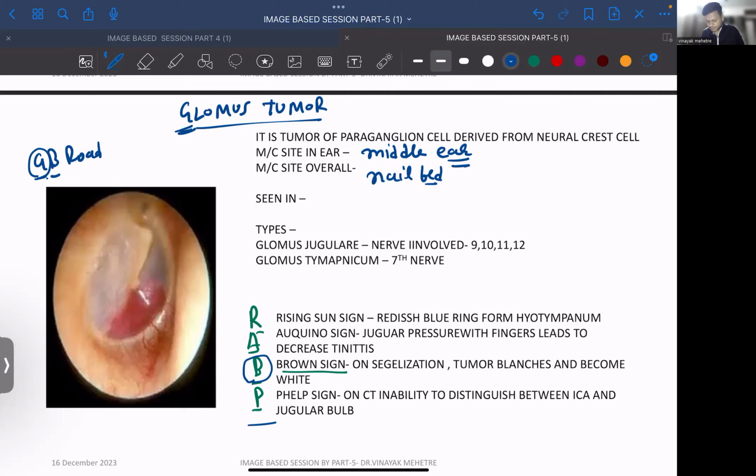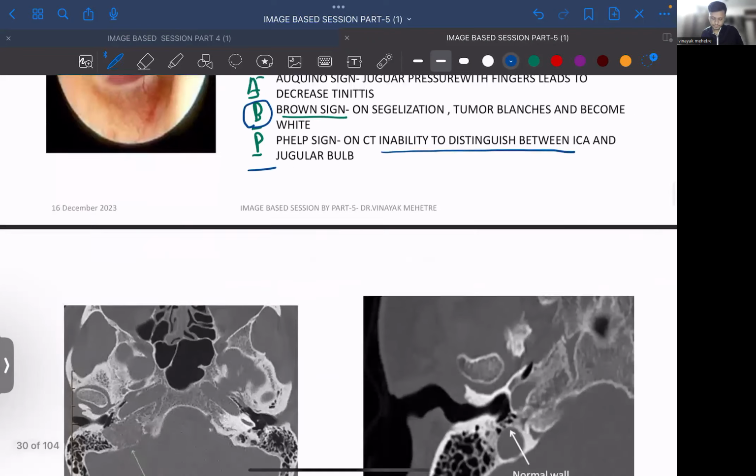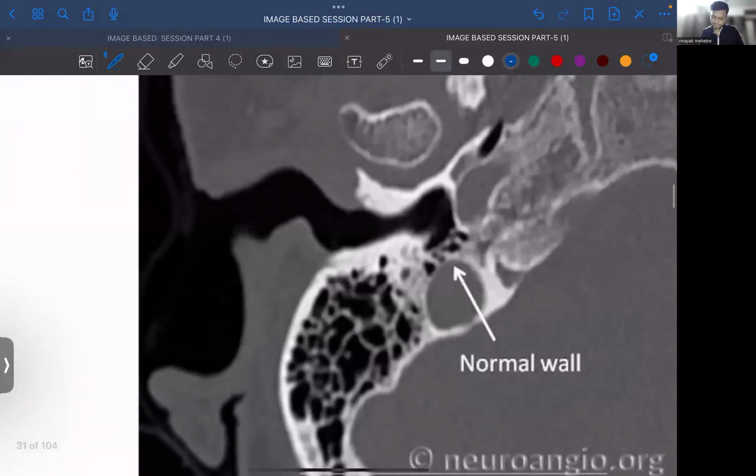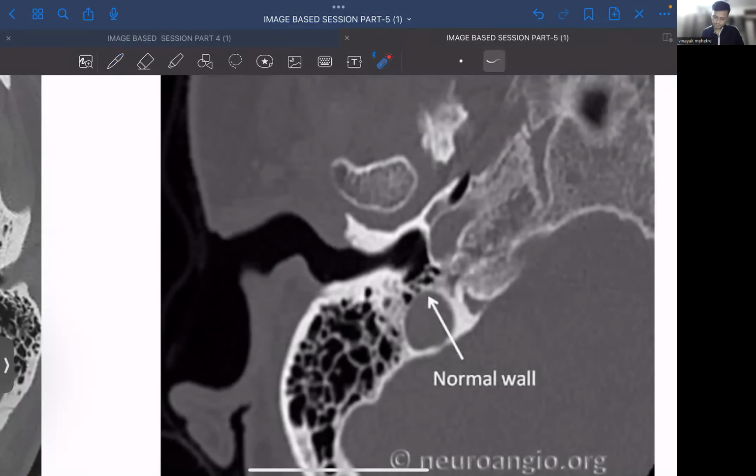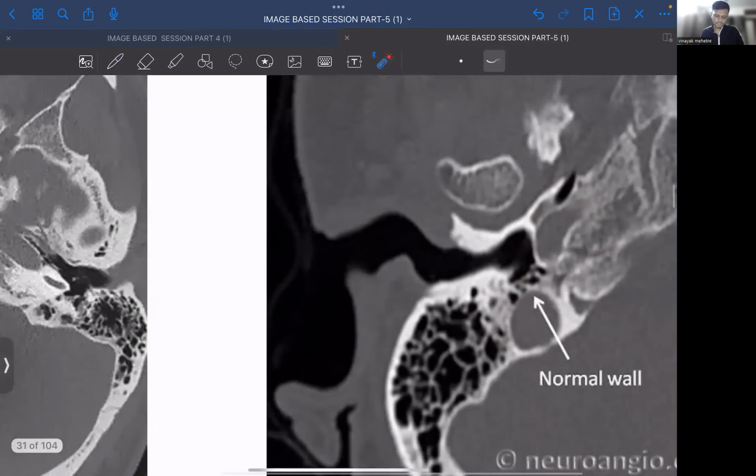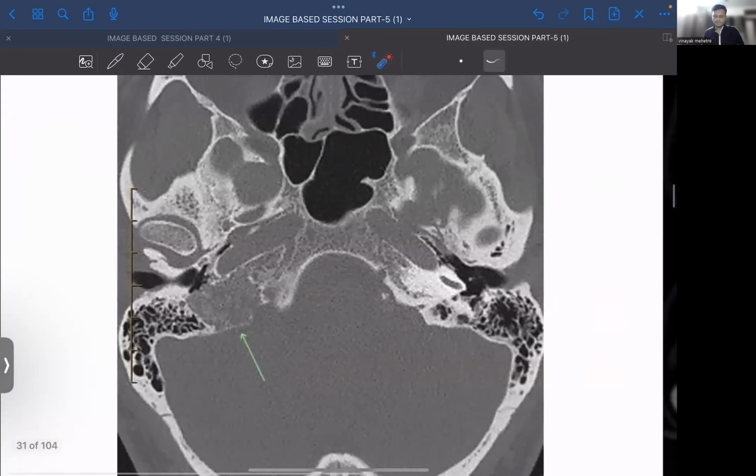Phelps sign क्या है? On CT, inability to distinguish between ICA and jugular bulb. Now take a look over here. Okay, there is clear differentiation. There is a line between bulb and internal carotid artery. But Phelps sign, now tell me how to differentiate.